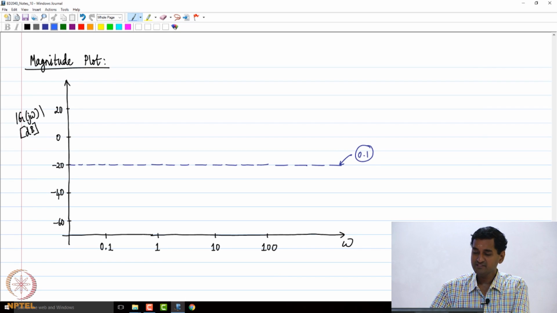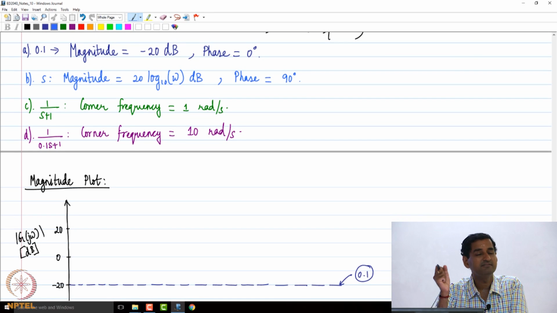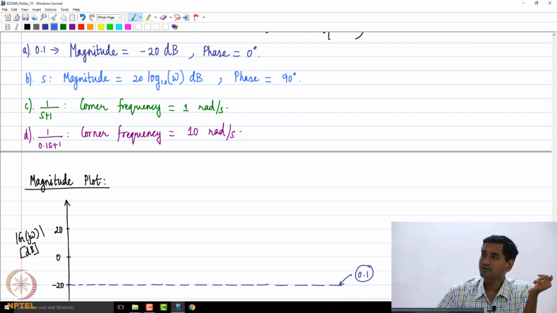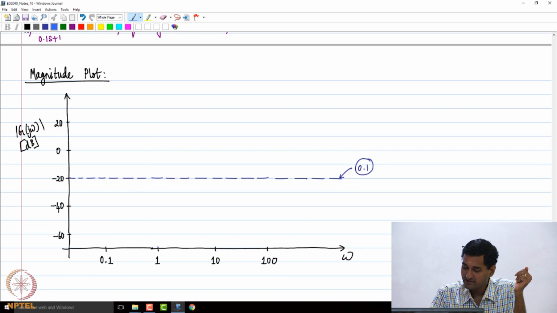Now what happens to the next factor? The next factor is S. So that essentially has a magnitude plot of a straight line with a slope of plus 20 decibels per decade. If you recall what we had, for S the magnitude is 20 log to the base 10 omega. So at omega equals 1, what is the value of this particular magnitude?